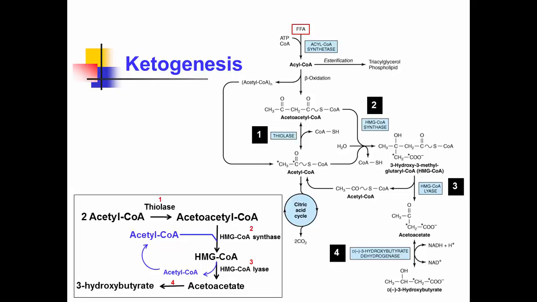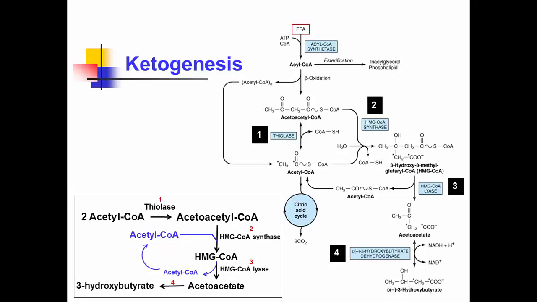So this is the acetoacetate. It actually forms from two acetyl-CoA molecules together with one more acetyl-CoA molecule, generating 3-hydroxy-3-methylglutaryl-CoA, or we also just simply call it HMG-CoA. So HMG-CoA is synthesized from 3 acetyl-CoA molecules, right?